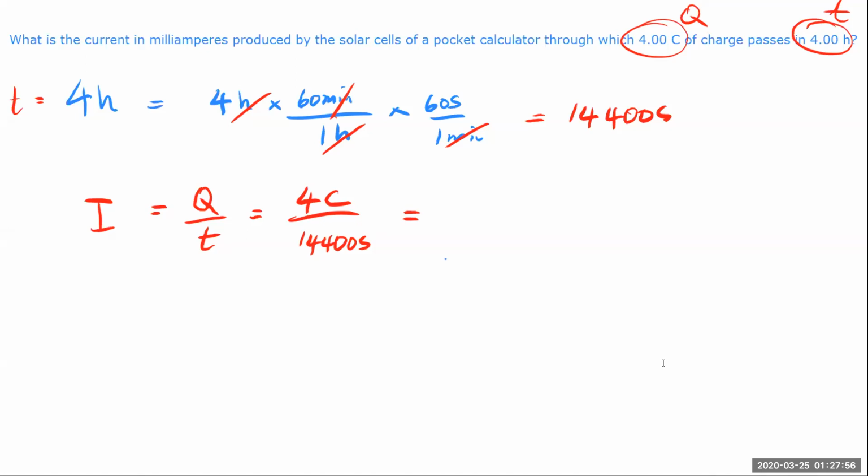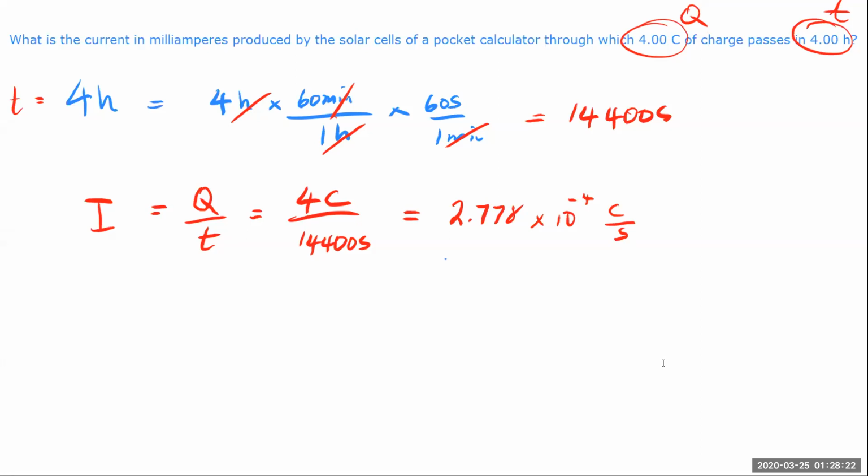Okay, it's 2.778 times 10 to the negative 4. Okay, what's the unit? Ampere. Okay, you can have coulombs over seconds or amps.